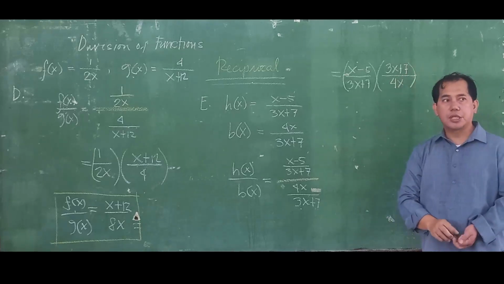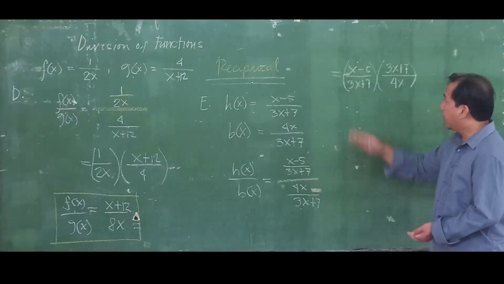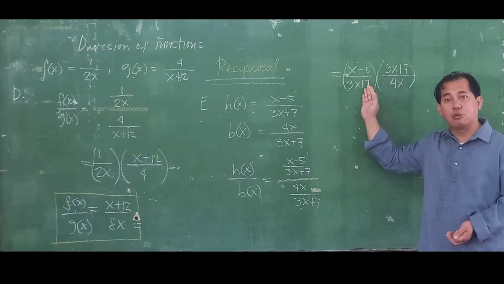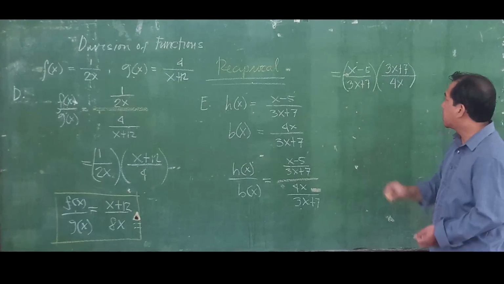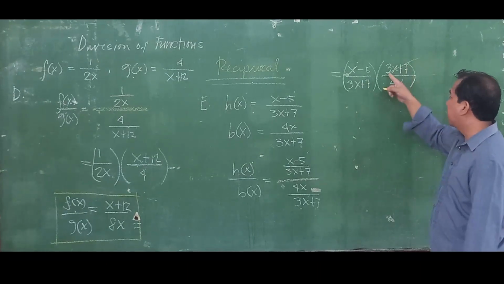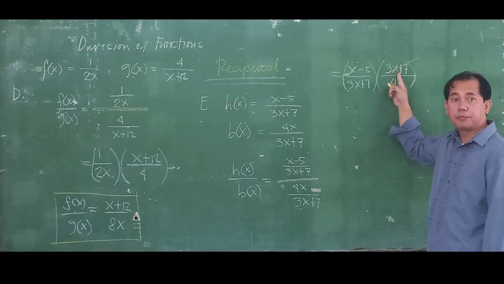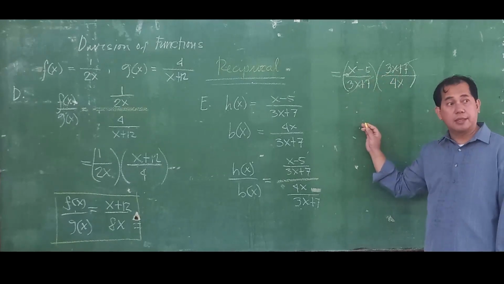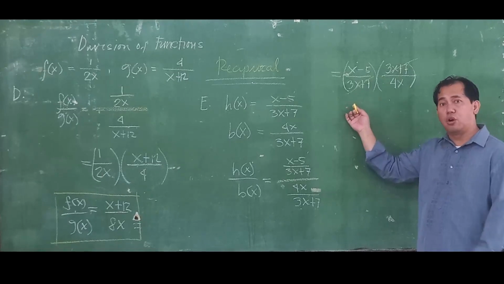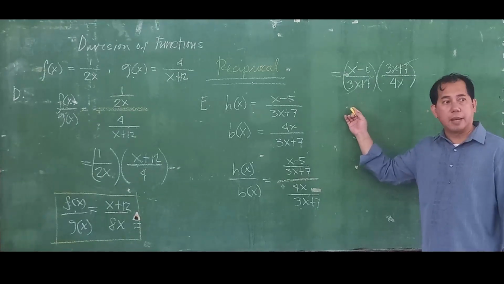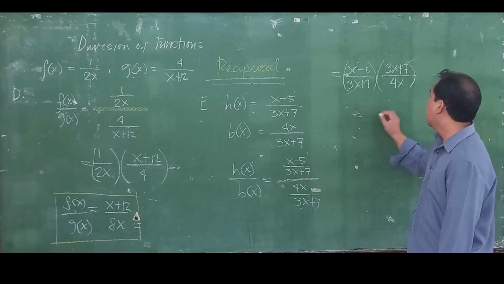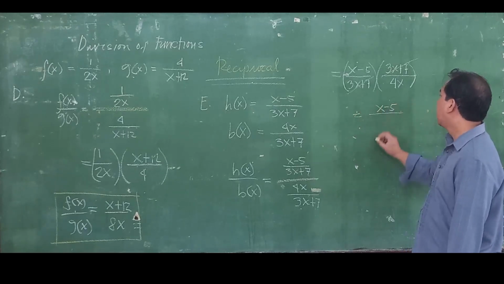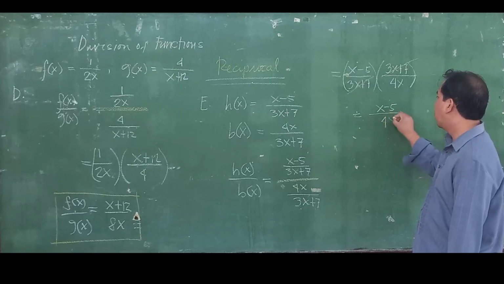Notice that we have common factors in the denominator and numerator. These are the 3x plus 7. They will be divided and it will give you a result of 1, or in short, you cancel them. Now what is left is x minus 5 over 4x.